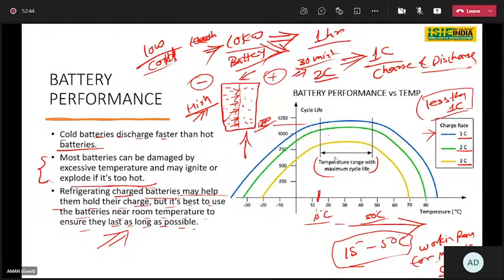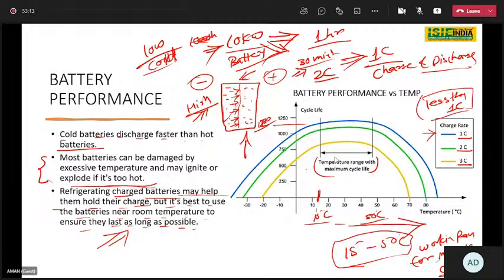But what happens when you are working on 3C, when you are discharging 3 times for your battery? At the same time, you will be getting very few battery cycles, and if you are also working in the high temperature range, it will reduce further. As you can see, it is almost twice this particular value that we are getting when we are working on 1C.